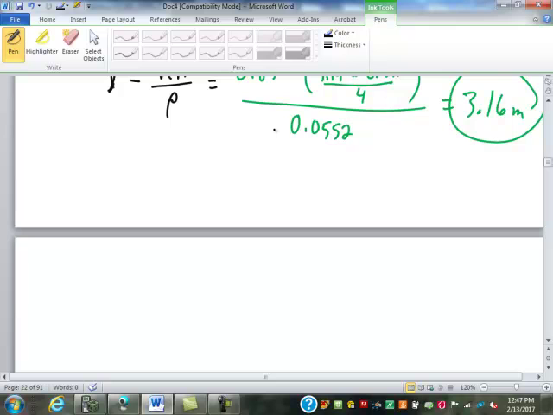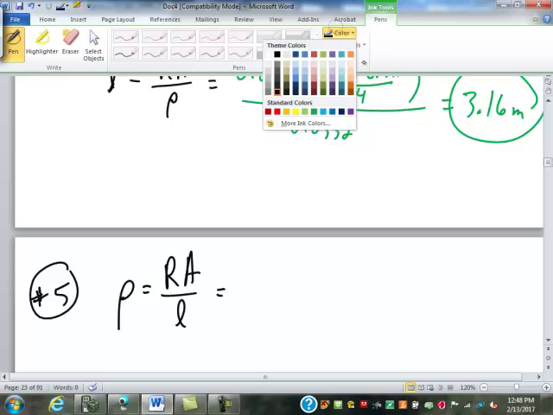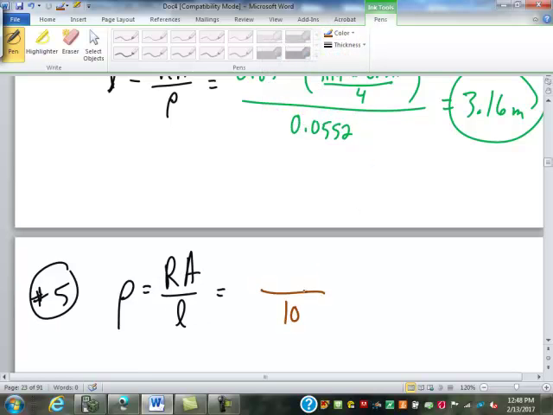Number 5, determine the resistivity. So resistivity is equal to RA over L of an unknown metal conductor that is 10 meters long. So 10 goes in for L. The resistance is 1.61, so I'm going to put that in here, times my area, which is 3.14 times that diameter of 0.643 squared, and then that's over 4.